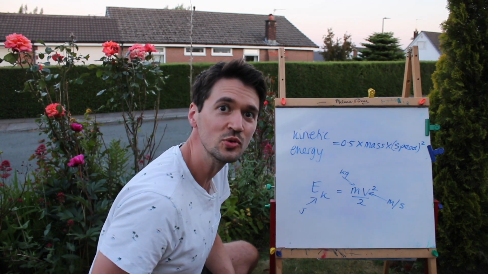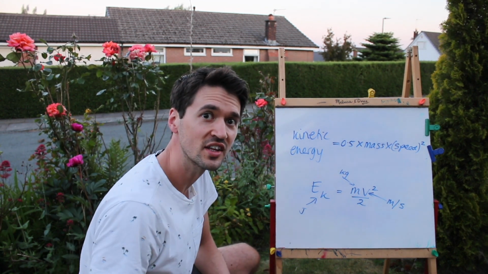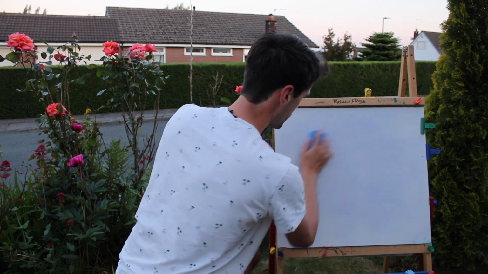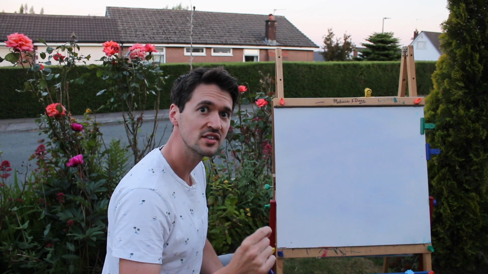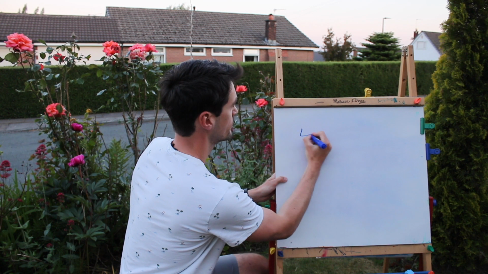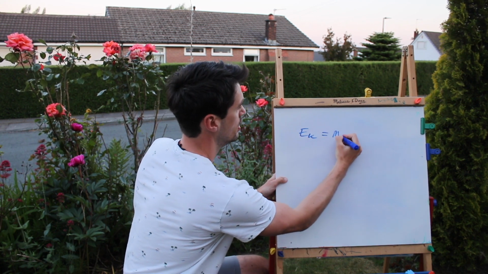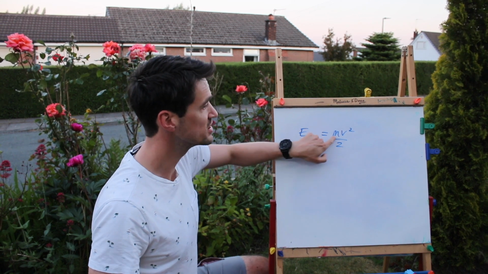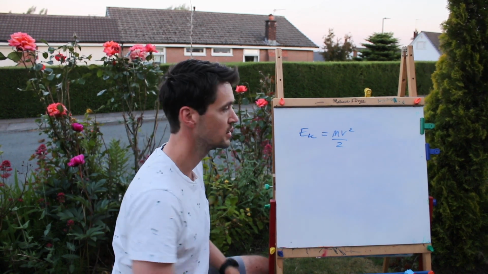Let's look at actually using that data to calculate the kinetic energy. As we said before, always start, when it's asking us to calculate something, just start with the equation that we know. To get the kinetic energy, we need to know the mass and the velocity squared.